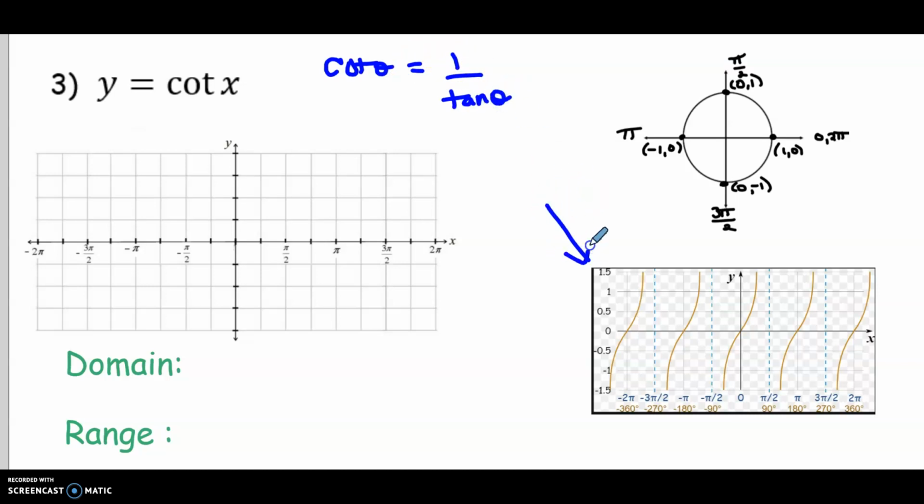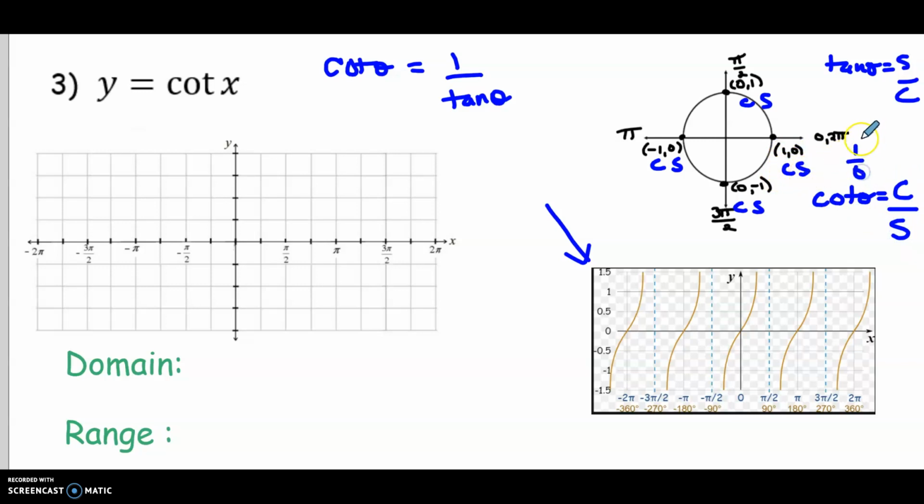So again, I'd rather look at the tan graph that I'm comfortable with, but if you're not comfortable with the tan graph, easy enough to go to the unit circle, and instead of knowing that tan of theta is sine over cosine, you're now going to pay attention that cotangent of theta is a reciprocal of that. It's cosine over sine. So here, cosine over sine is going to be 1 over 0, which is undefined. So I'm back to having an asymptote at 0.